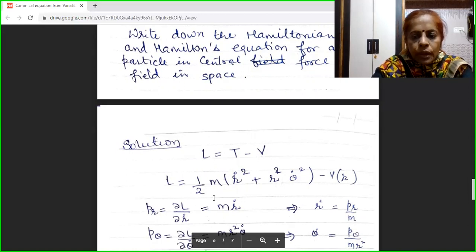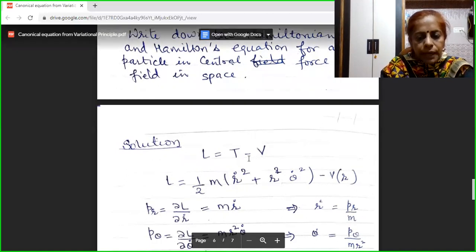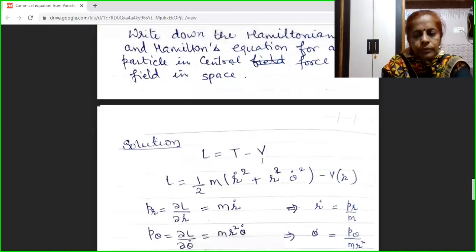So first of all, we find the Lagrangian. We know that the Lagrangian is T minus V. The kinetic energy in terms of r, theta is half m (r dot square plus r square theta dot square), minus V, which is a function of r.